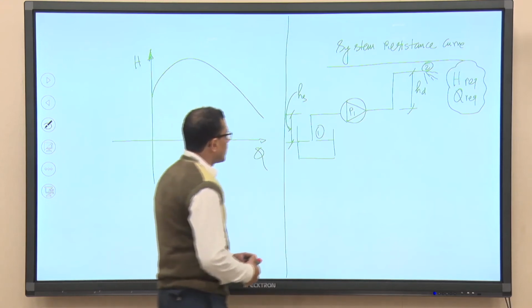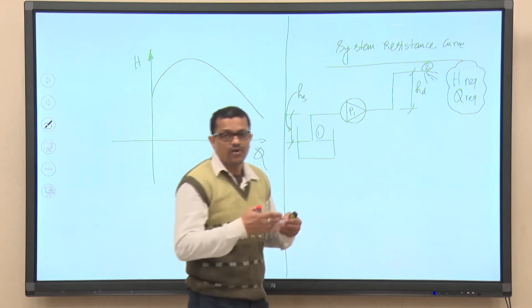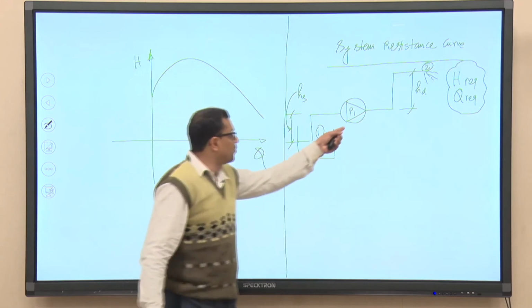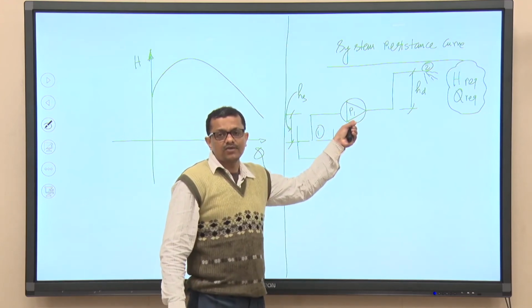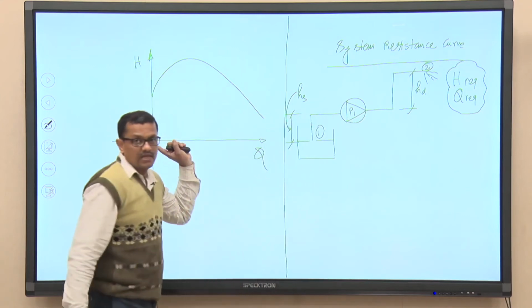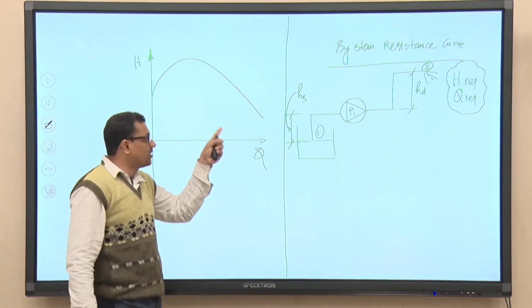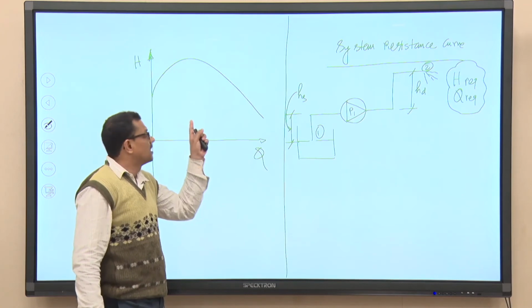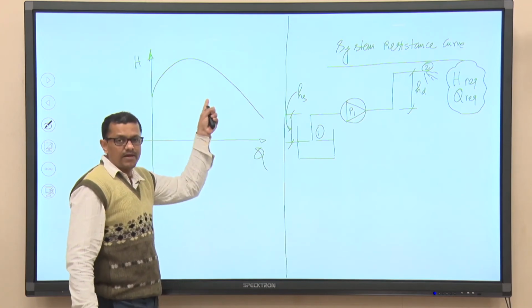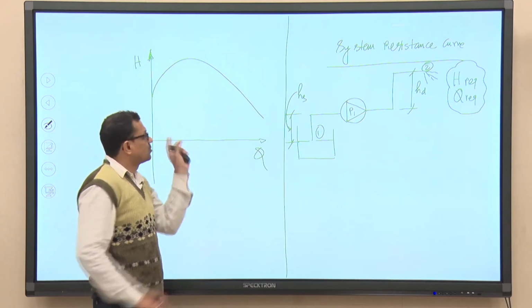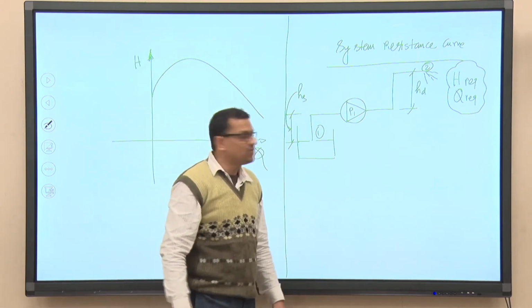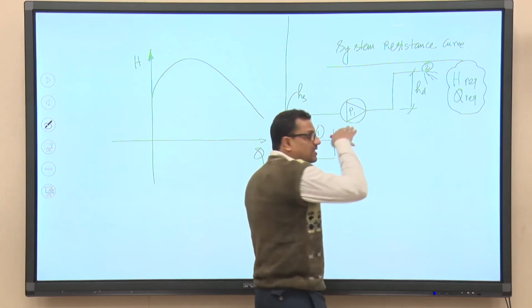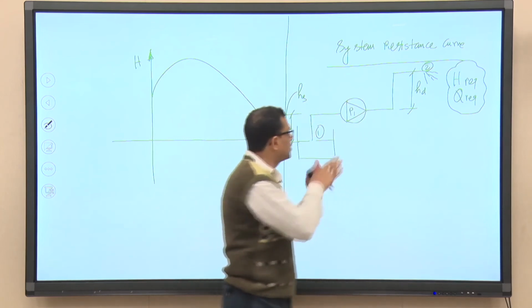Okay. What is most important is that when you purchase a pump from the market, the pump manufacturer will supply this H-Q curve. The pump designer who has designed the pump has this curve, and the manufacturer will supply it. So, this is fixed because this is the pump's own characteristic. Now, what we need to do: I know that the pump will be installed in this pumping station, and we know the system.